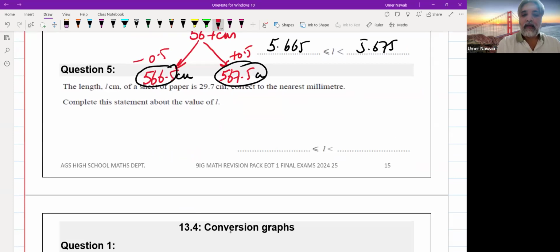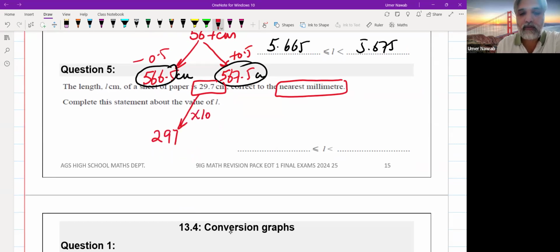Next, again, 29.7 centimeters, but the accuracy level is in millimeters. First, convert your centimeters into millimeters. It will give you finally 297 millimeters. Now you need to subtract 0.5 and add 0.5, since it is 1 millimeter. 1 divided by 2 gives you 0.5.